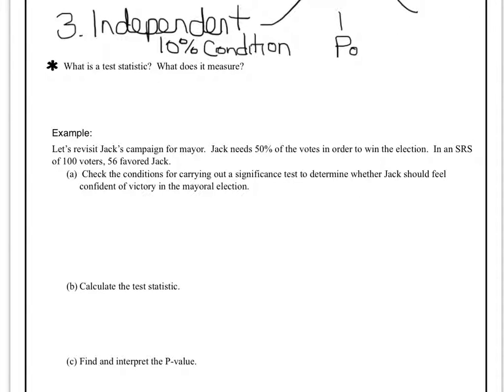Our do step is where we calculate what we call a test statistic. Here's the test statistic formula.